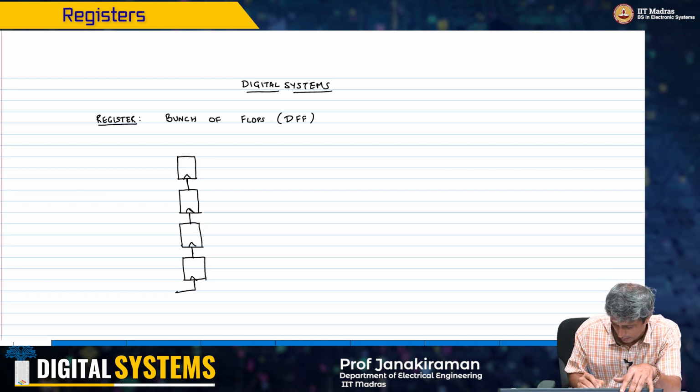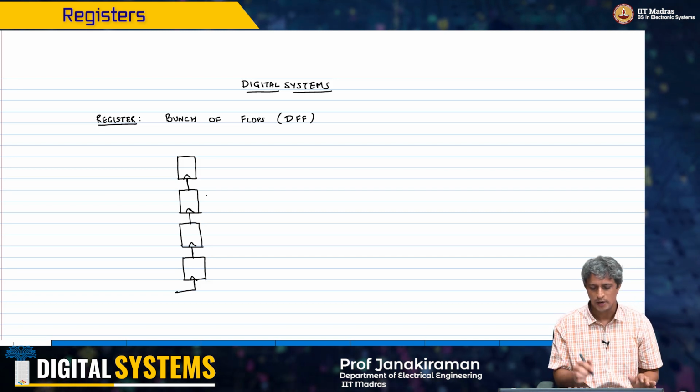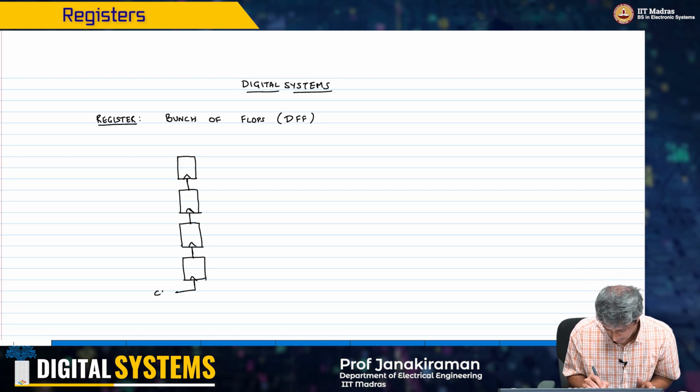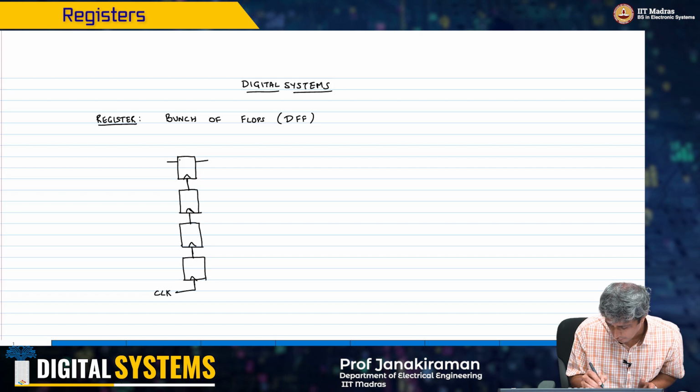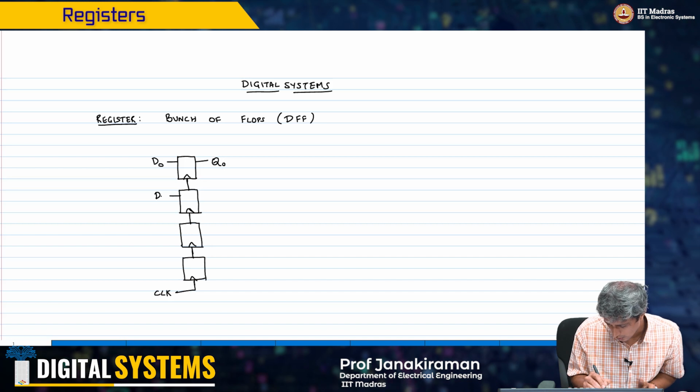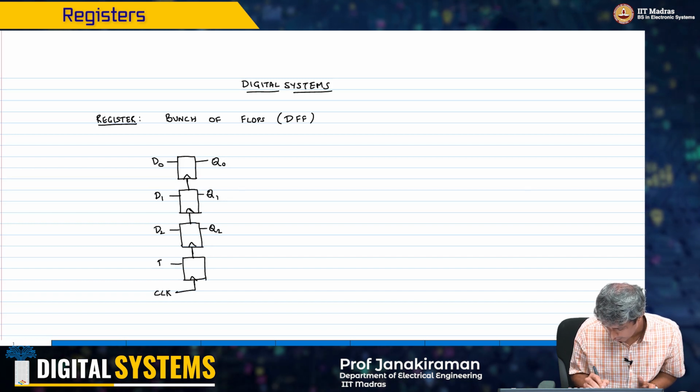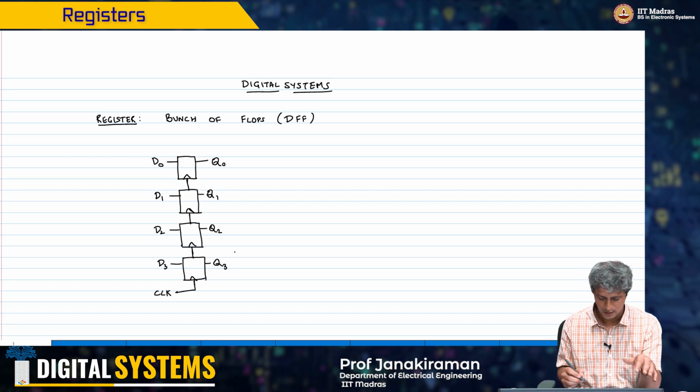Okay, it's running in the background and making a contact to the triangle wherever necessary. So right, so I have D0 Q0, D1 Q1, D2 Q2, D3 and Q3, right?